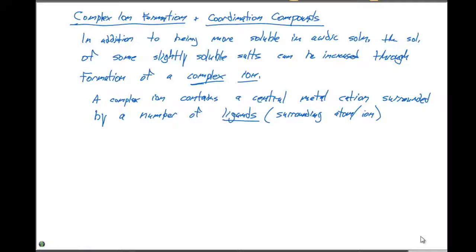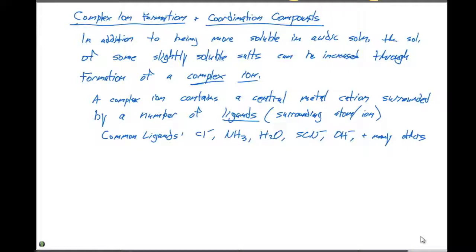So we'll discuss those in great detail in the next unit, but the common ligands that we will see are Cl-, NH3, H2O, SCN-, OH-, and many others. I could probably list about a couple hundred ligands. We're not going to list them all, but here are the common ones.